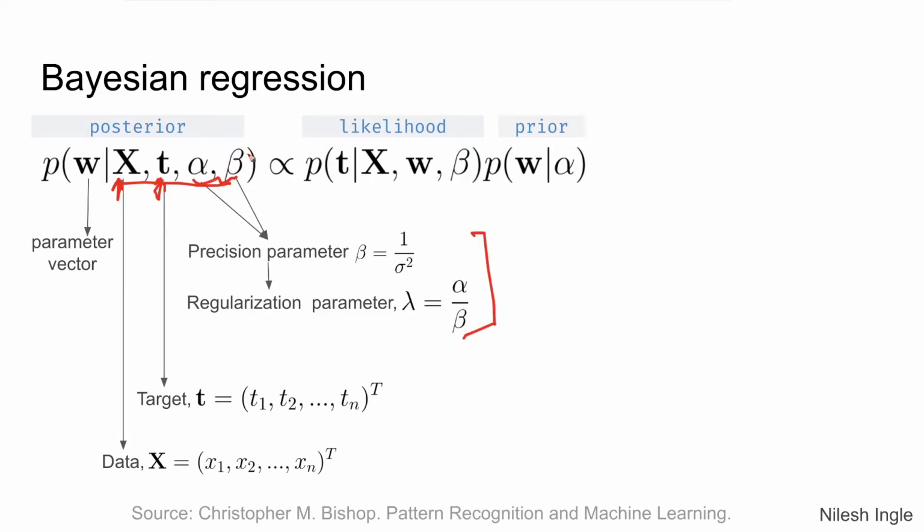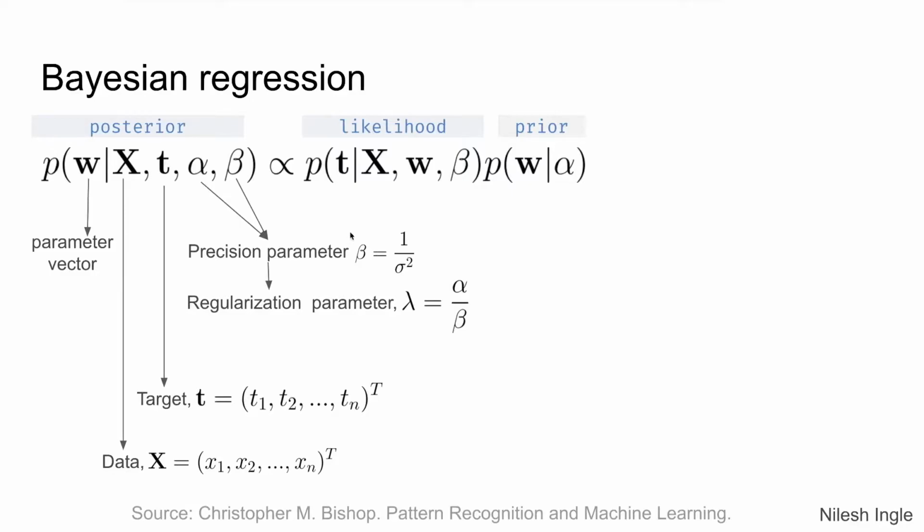Now this posterior is proportional to the likelihood multiplied by the prior, and the likelihood is given by this part, which is the probability of t given x, w, and beta, and then we have the prior given as probability of w given alpha.